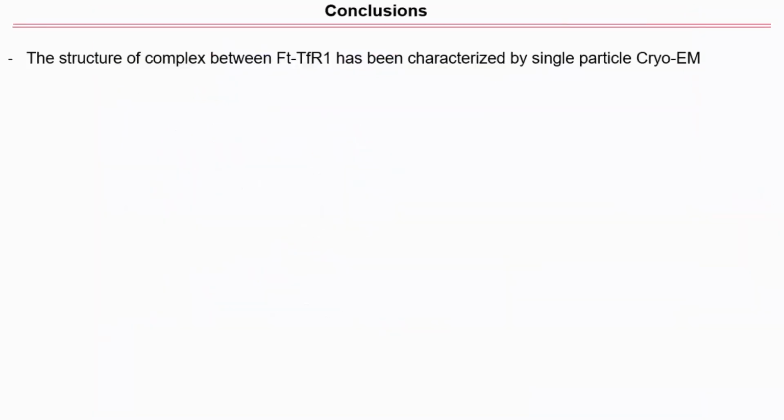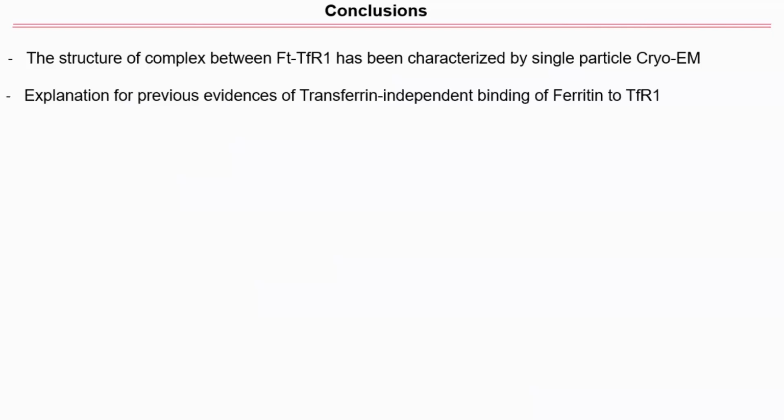And so to conclude, we characterized the complex of human ferritin heavy chain with the transferrin receptor 1 by single particle cryo-EM. We explained why the binding of ferritin to the receptor is independent from the binding of transferrin.